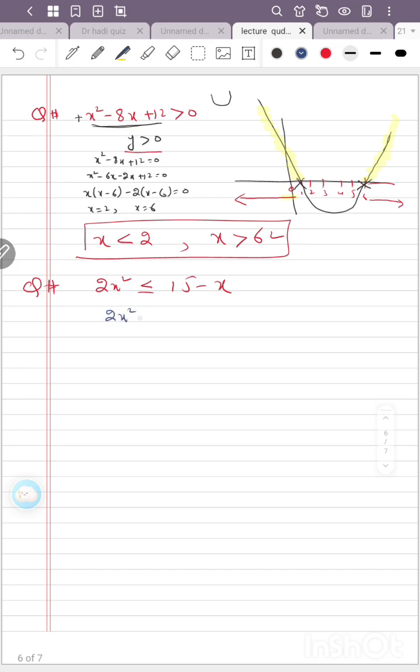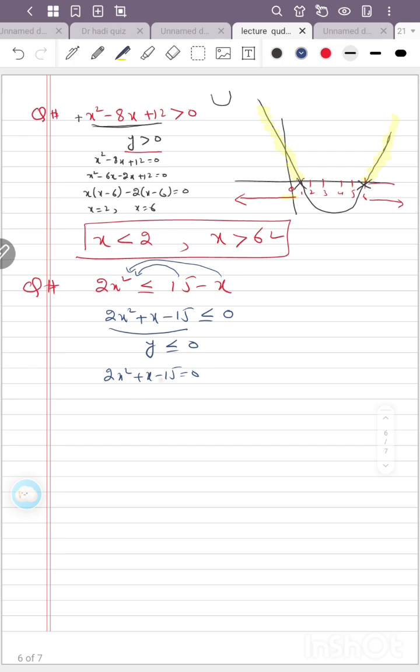We have to shift 15 and x here: 2x square plus x minus 15 less than or equal to 0. Now this term is y less than or equal to 0. So 2x square plus x minus 15 equal to 0.